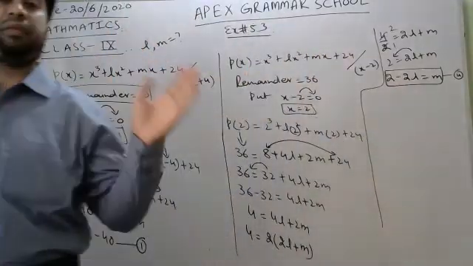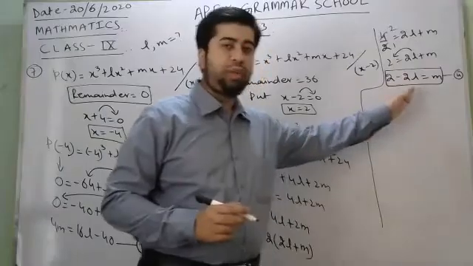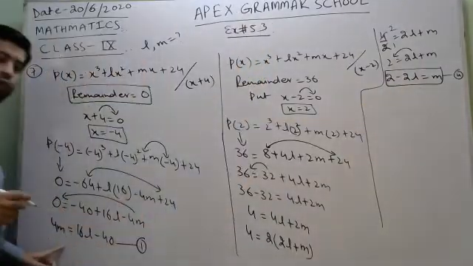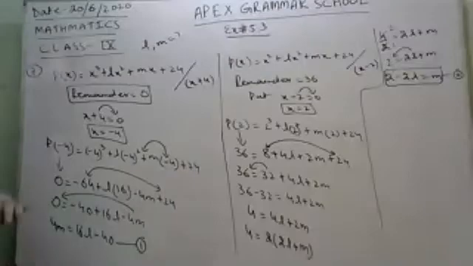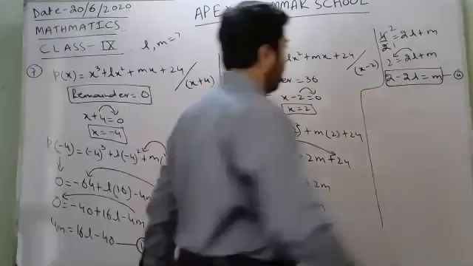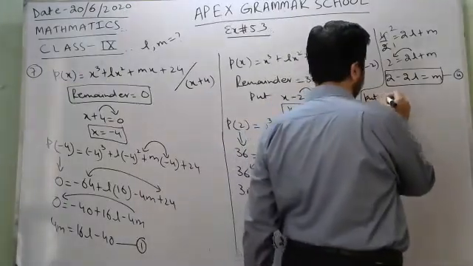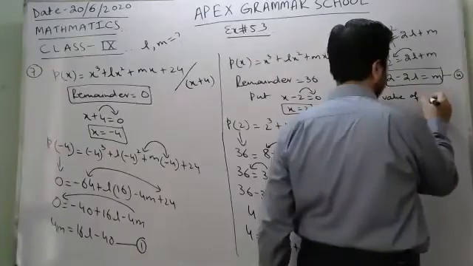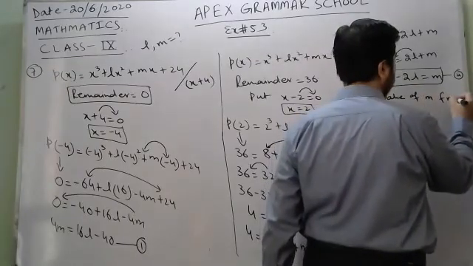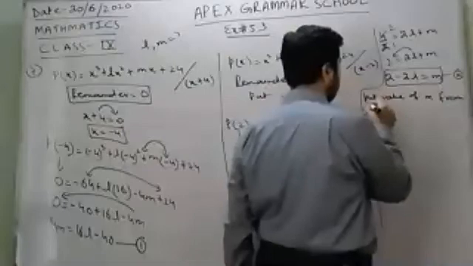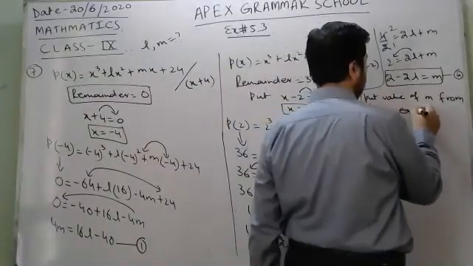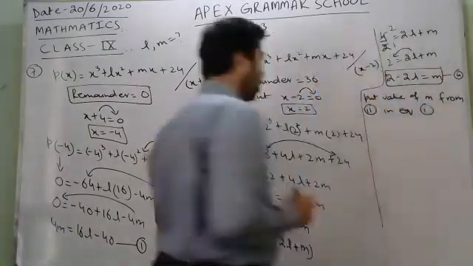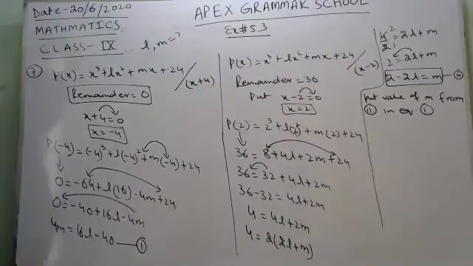Just like in the previous question, if we put this value of M within this equation, you can easily get the values of L and M. So I'm applying here, put the value of M from equation number 2 in equation number 1.